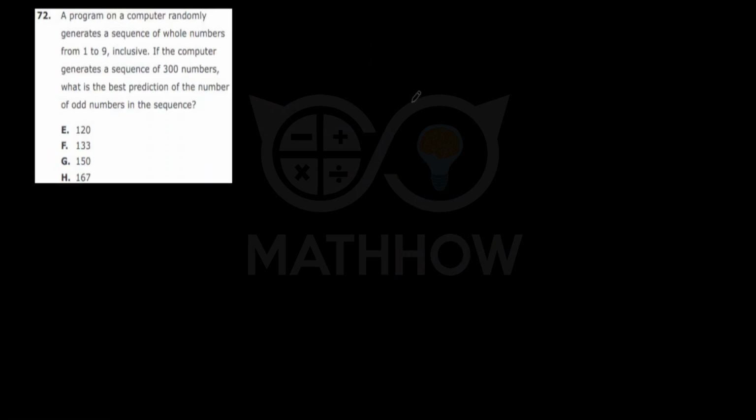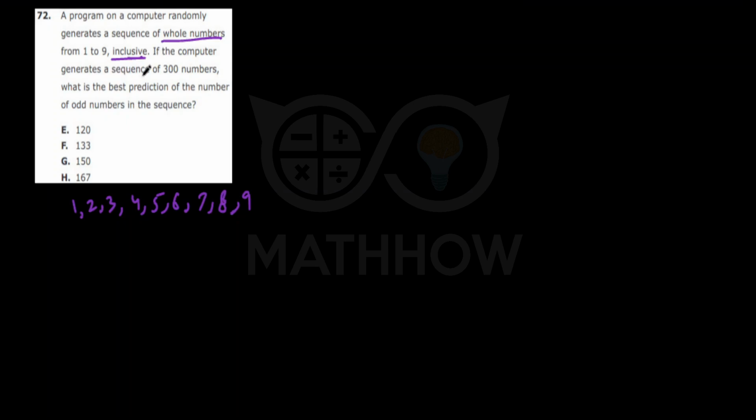Question number 72. A program on a computer randomly generates a sequence of whole numbers from 1 to 9 inclusive, meaning 1 and 9 are both included in the sequence. So the computer will generate the sequence 1, 2, 3, 4, 5, 6, 7, 8, and 9.